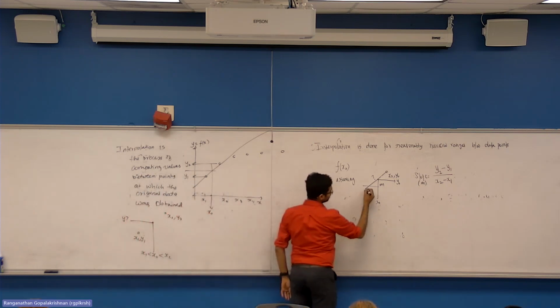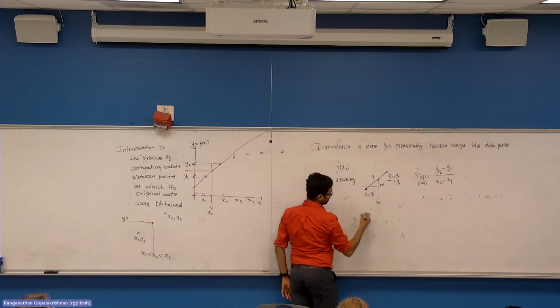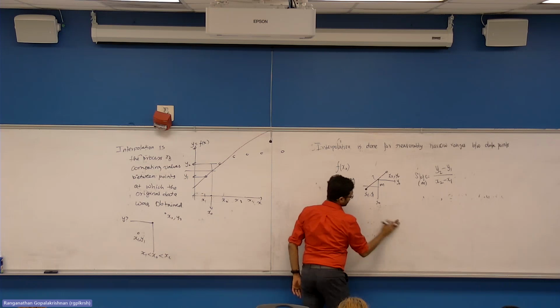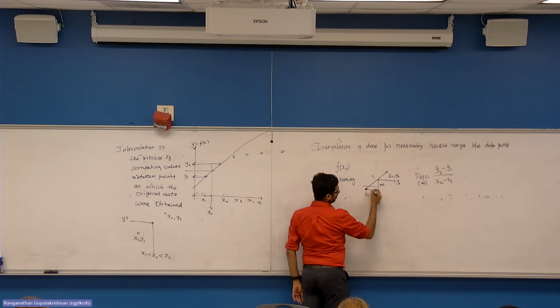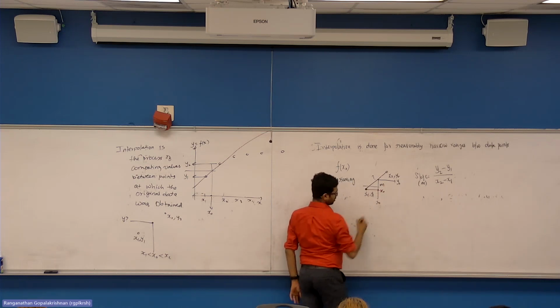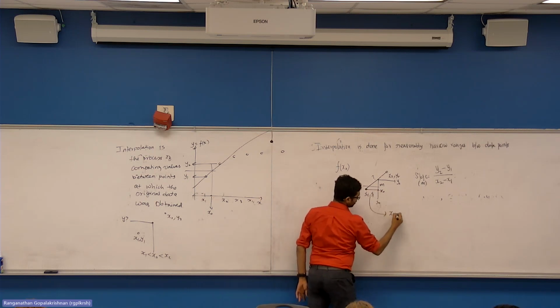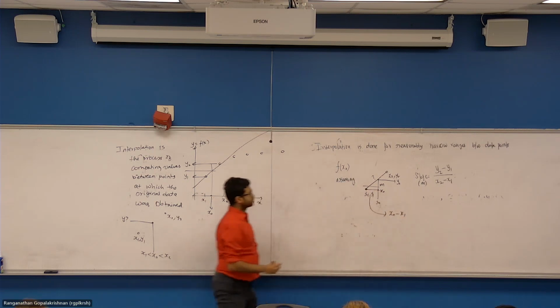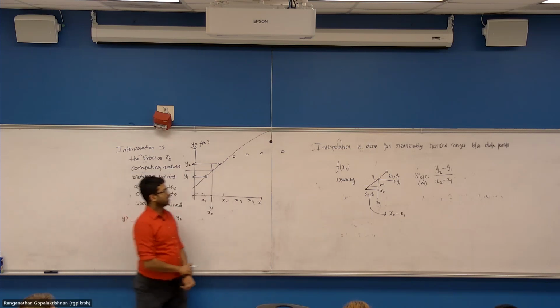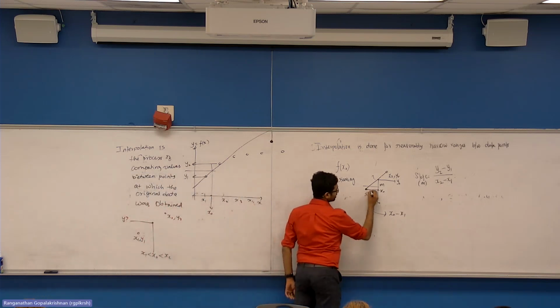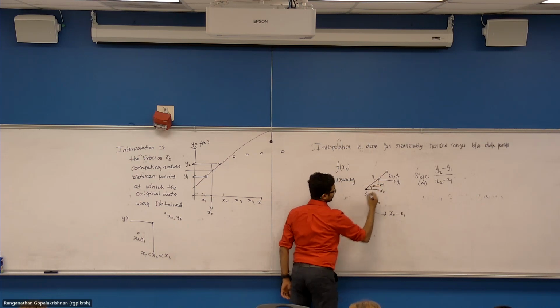If you are here at this point x1, and you want to go to this point x0, what is this distance? This distance is x0 minus x1. This slope is m.